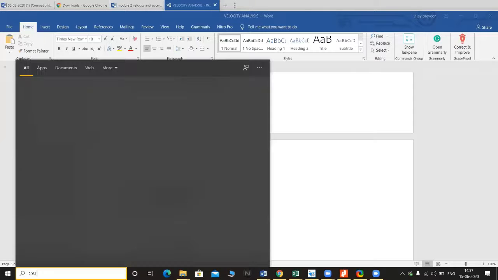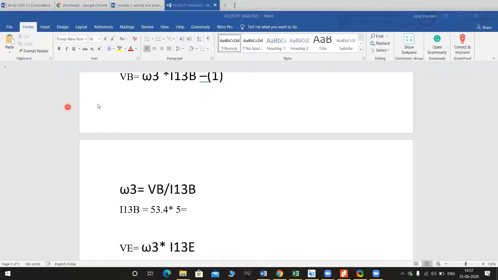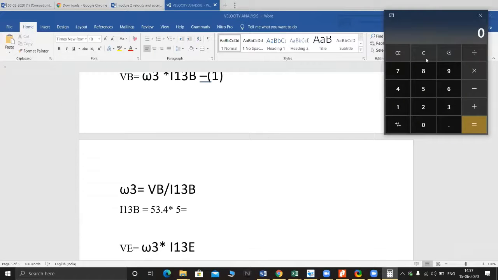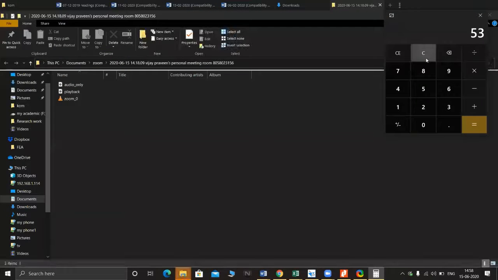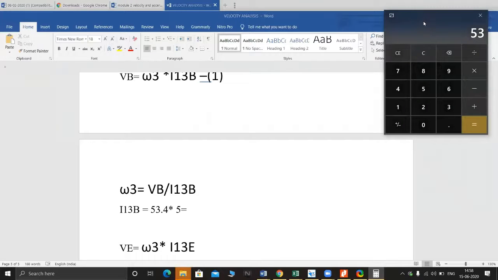How much? Can anyone please take the calculator and do it? 267. Yes, 5, because of the scale factor.